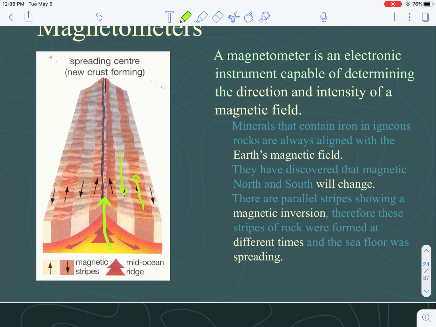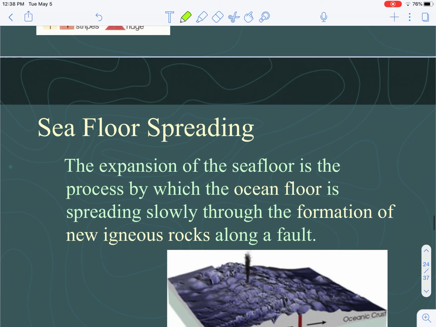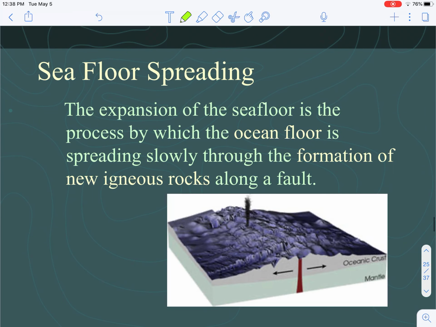And this is giving some evidence for the fact that molten lava has been coming up to the mid-Atlantic ridge and forming new Earth's crust, but at different times it's a different component of the metals that are in there.